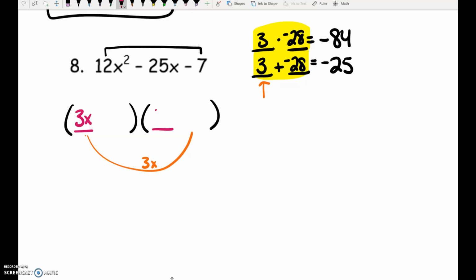So I used my pair of numbers as a guide to help me narrow down what those first blanks are likely going to be. So then 3x times 1 is 3x. 4x times something needs to be negative 28x. What 4 times what is negative 28? Negative 7. So my factored form is 3x minus 7, 4x plus 1.